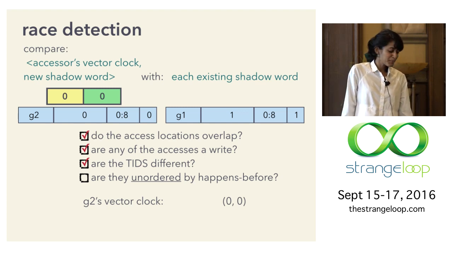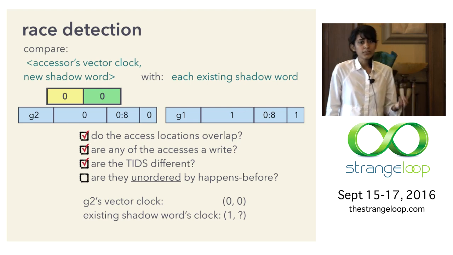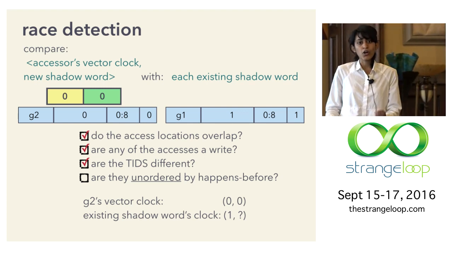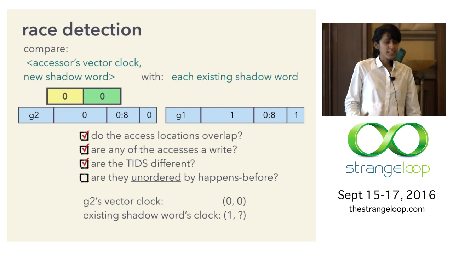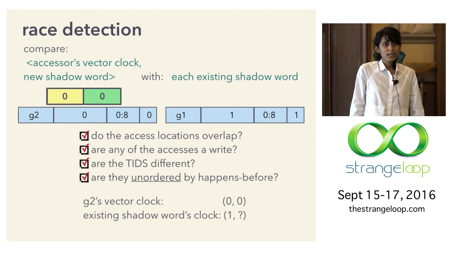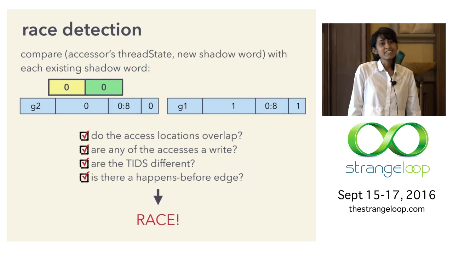That's why we learned about them. So we're going to take G2's full vector clock and compare it to the existing shadow word's clock. In order to decide that the read happened before the write, we need the shadow word's vector clock to be less than G2's vector clock, right? Is that true in this case? Well, no, it's not. Well, 4 red check marks, what could that possibly mean? It's a race.